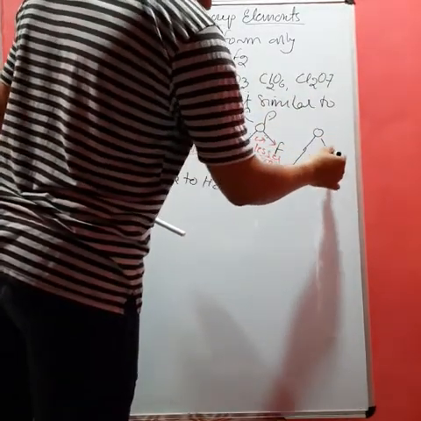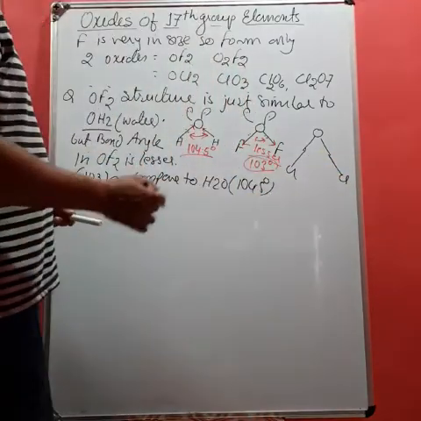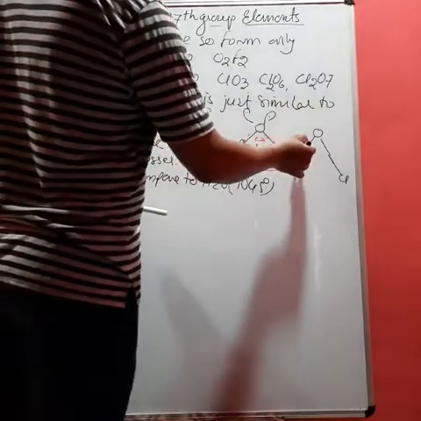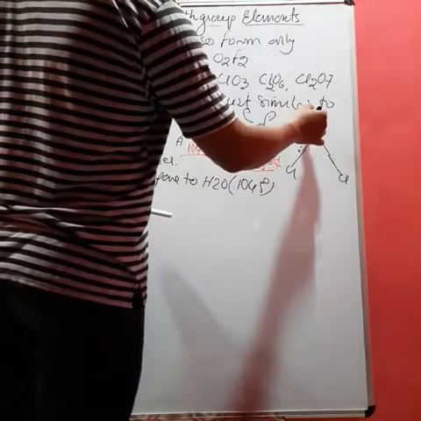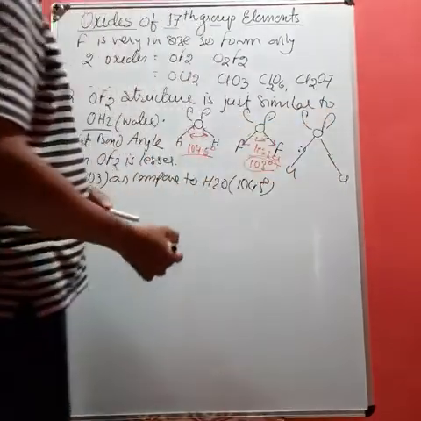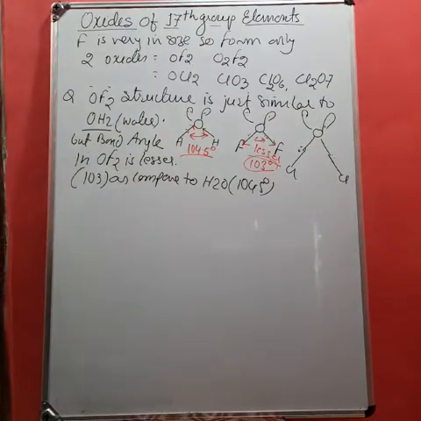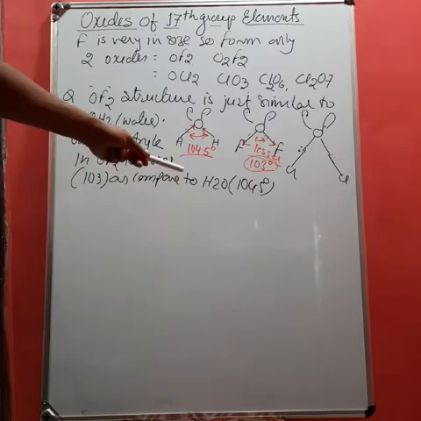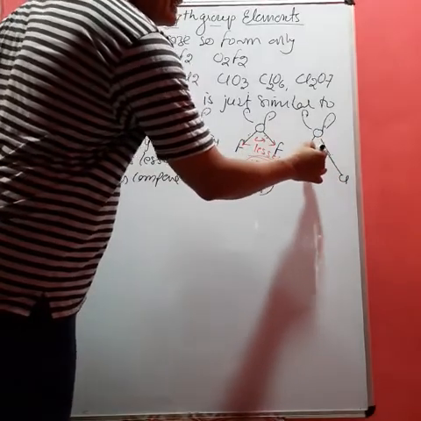Students, similarly, one more molecule you can discuss, OCl2. Now in OCl2, the bond length is higher and the electronegativity of oxygen is more. That means here the shifting of the bond pair is very little, and therefore the bond angle in the case of OCl2 increases. Why is it increasing?